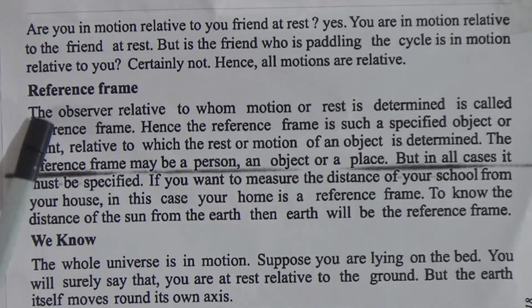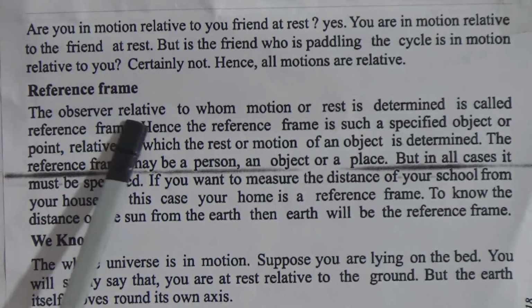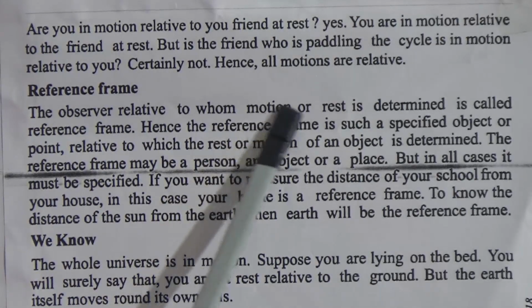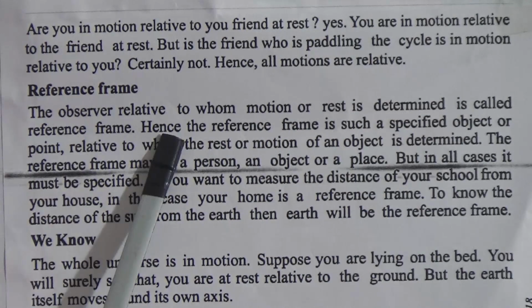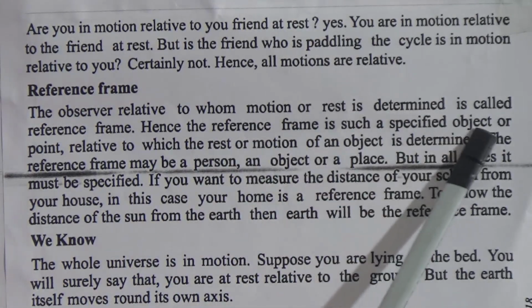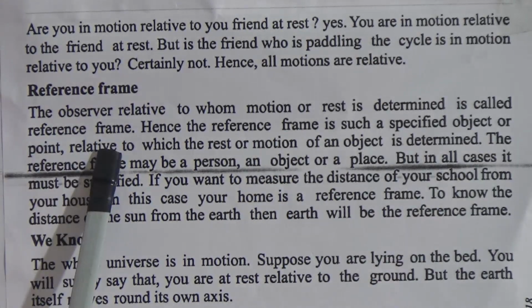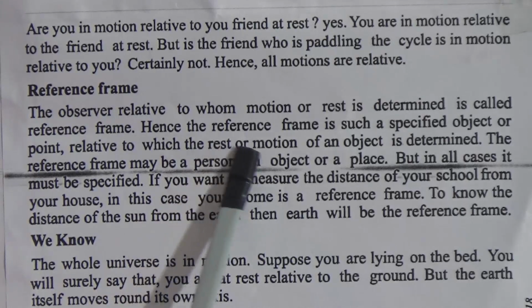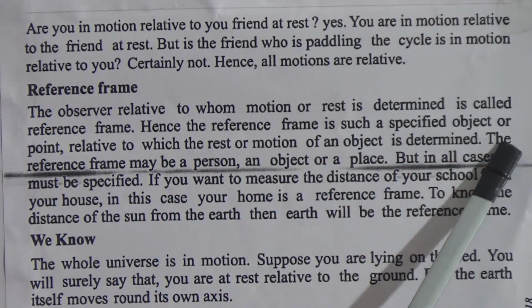Reference frame. Now we will discuss reference frame. The observer related to whom motion or rest is determined is called the reference frame. Hence, the reference frame is such a specified object or point related to which the rest or motion of an object is determined.